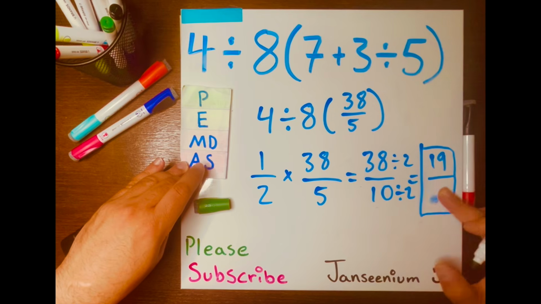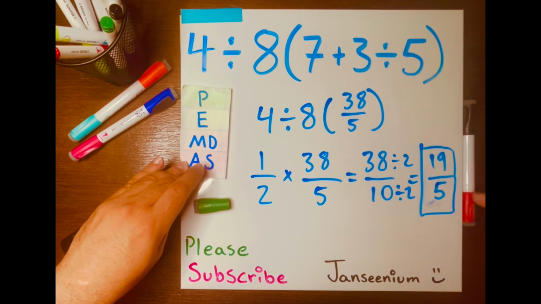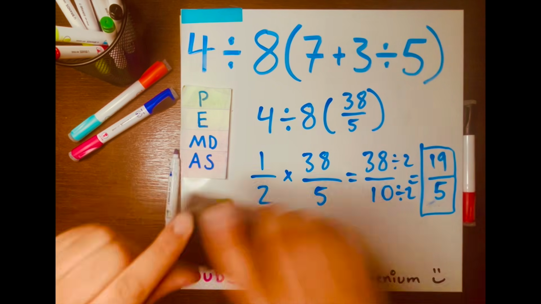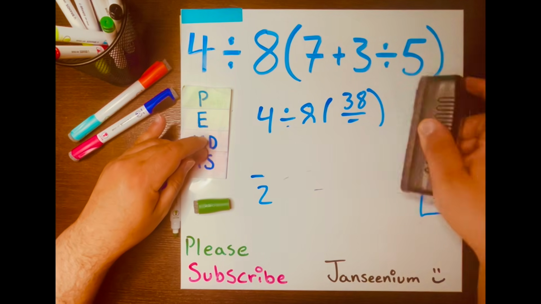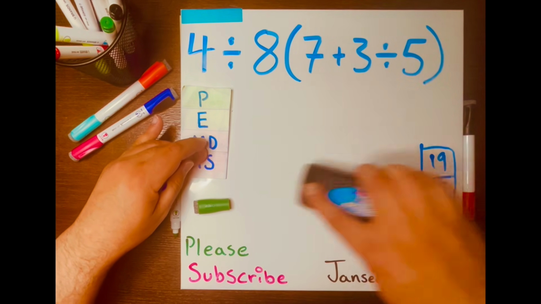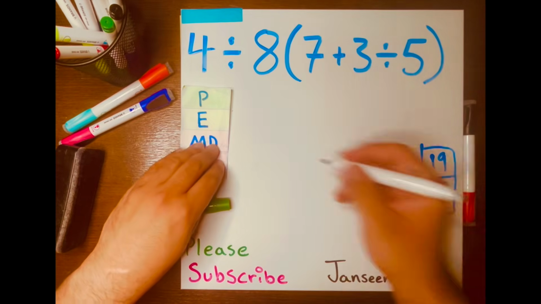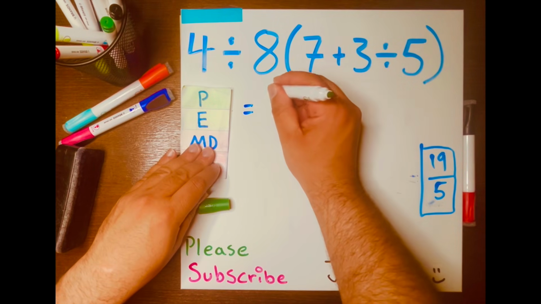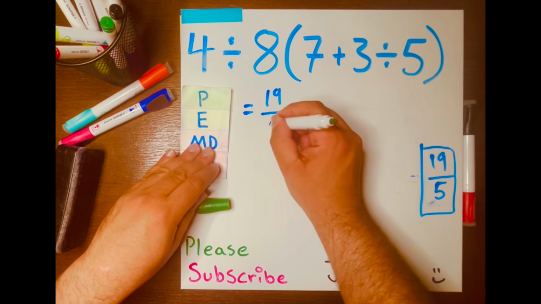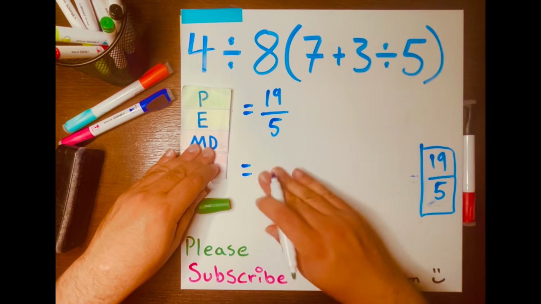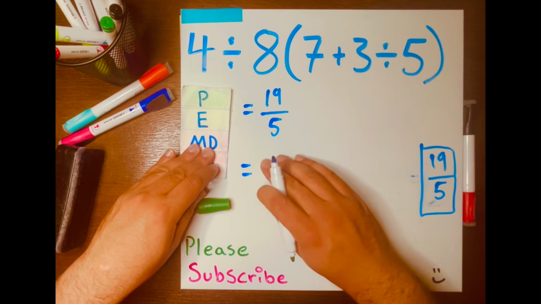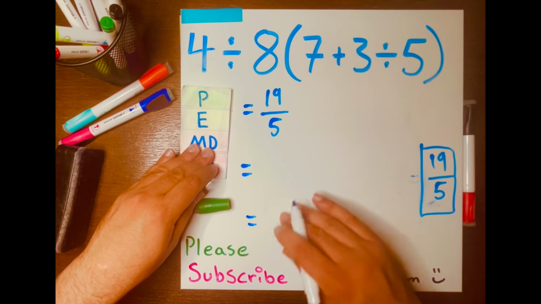And you can't break this down further. So I'm going to erase all this for space. And I'm going to write that answer to this side of the board. So then we can have it. So 19 over 5. And then we'll be writing the mixed number answer here and then the decimal answer here using long division.